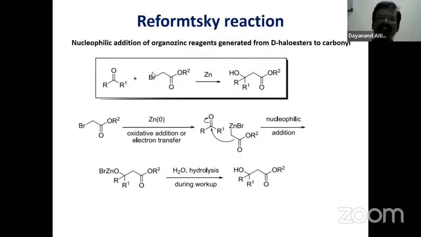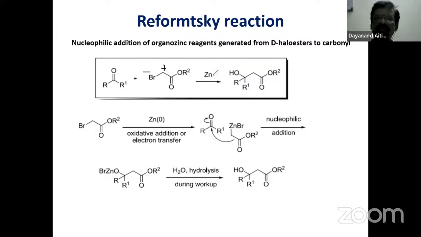Directly we cannot bond it. Why? Because bromine is there with a minus charge, whereas here you are having a plus charge. Automatically the carbon will have this positive charge.